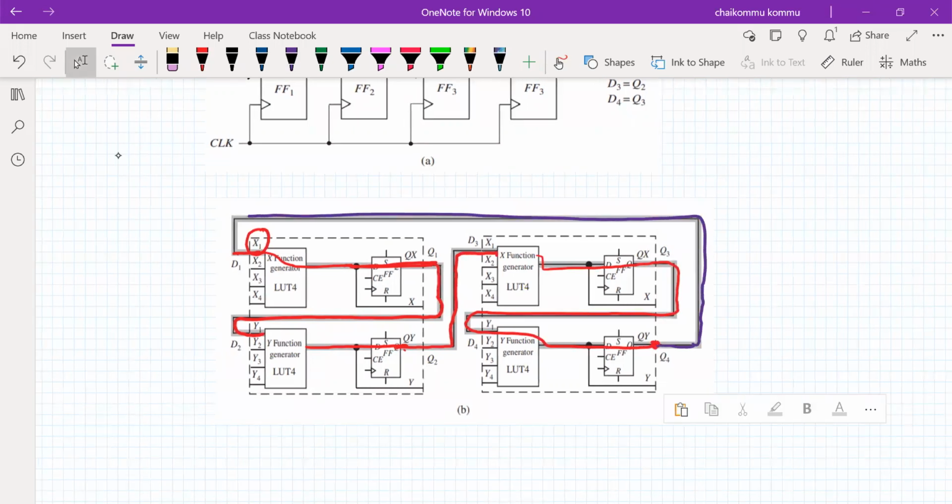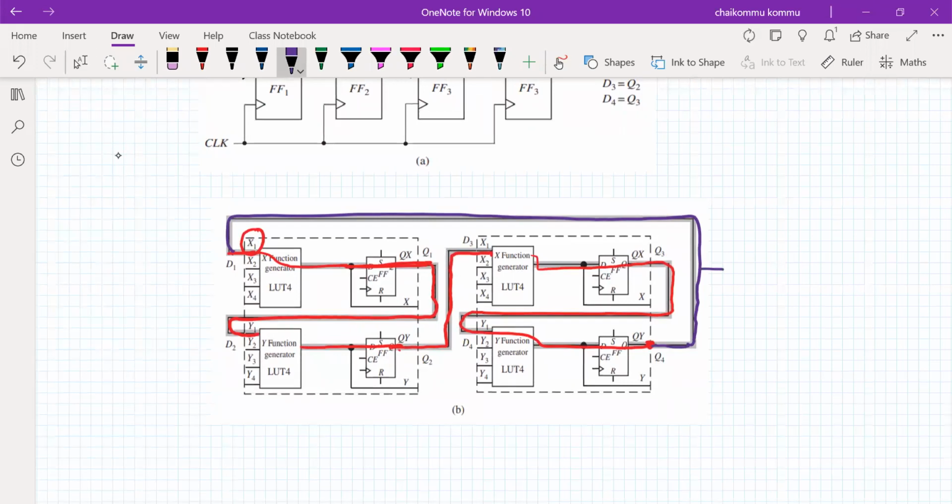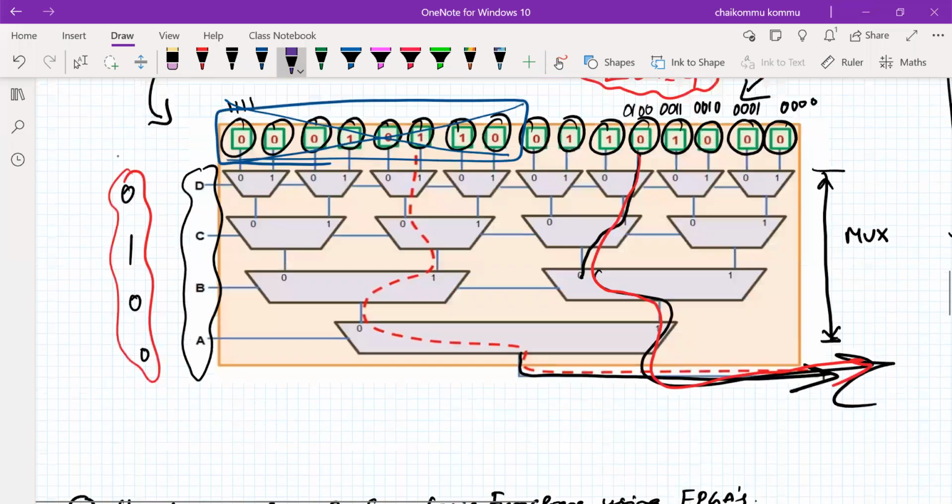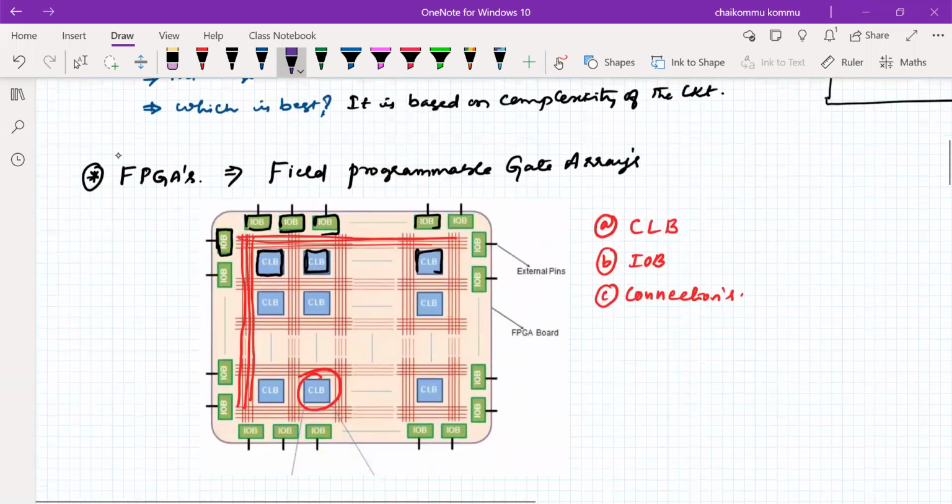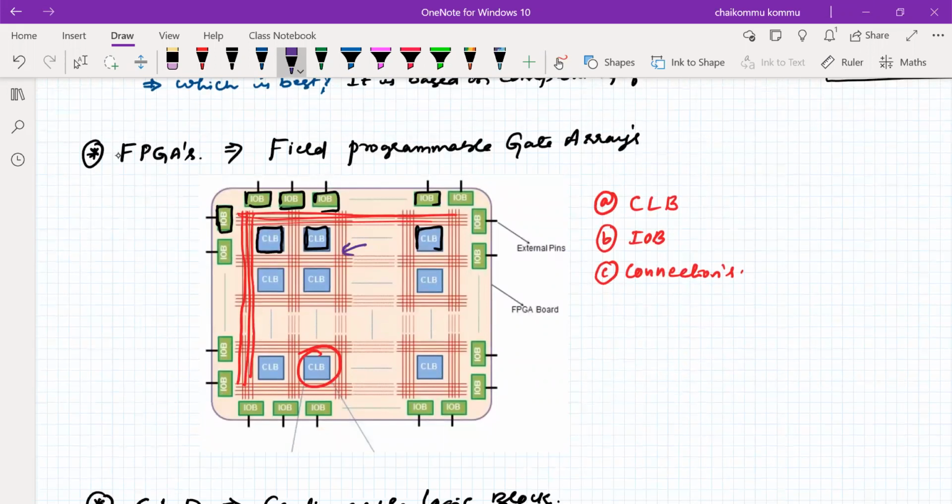These connections are done with the connection matrix. Connection matrices provide the connection from one CLB to another CLB. That responsibility is taken by these multiplexer connection networks, so somehow it will be connected to this one.